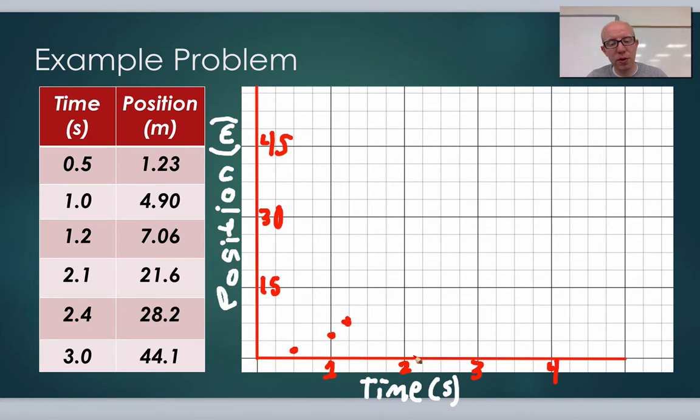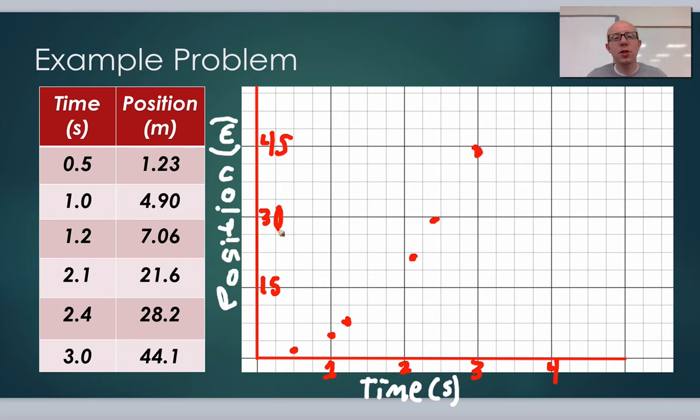Now we got 2.1, which is about here, and 21.6, which is about 6 away from 15, so it's about there. Again, I'm just approximating. It doesn't have to be super particular. And then 2.4 is about here. It's at 28.2, which is really close to 30. And then we got 3, and that's all the way up to almost 45, which is about here.